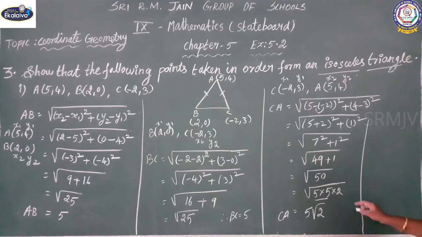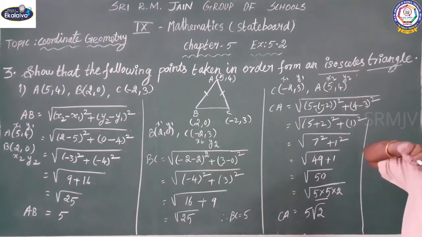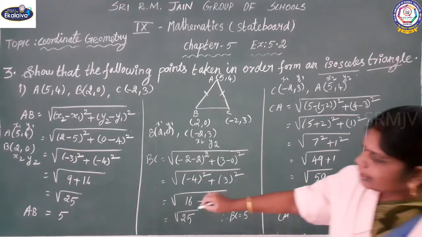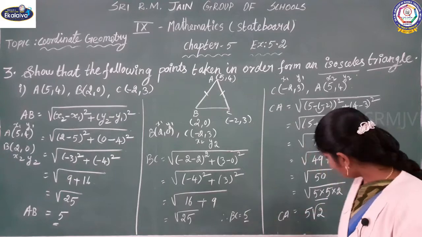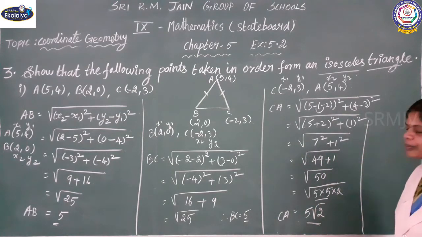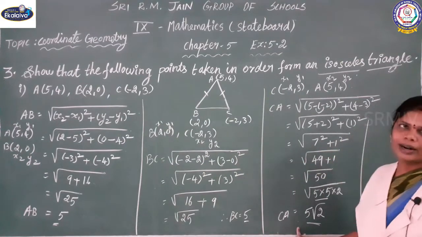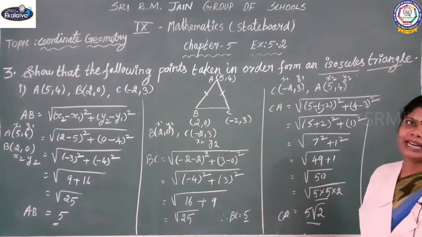Okay. So now we need to say whether these points are forming an isosceles triangle or not. Look at the values, children: AB equal to 5, BC equal to 5, CA equal to 5 root 2. So these two sides are equal and this is not equal. In an isosceles triangle, any two of the sides should be equal.